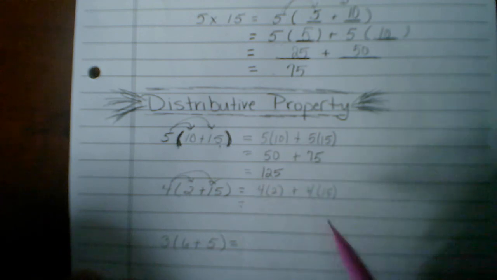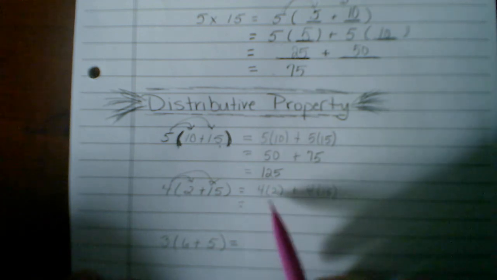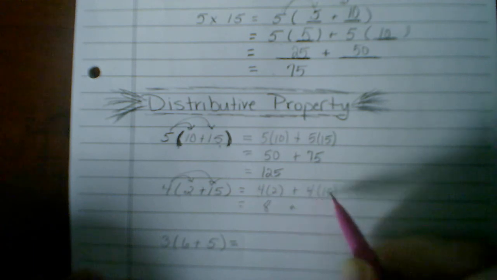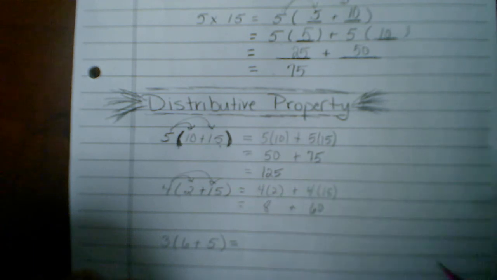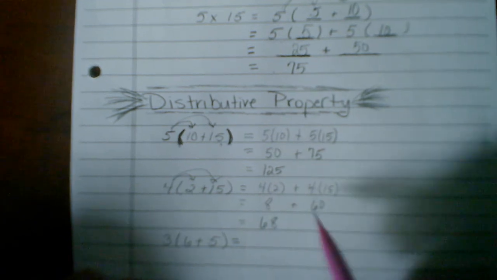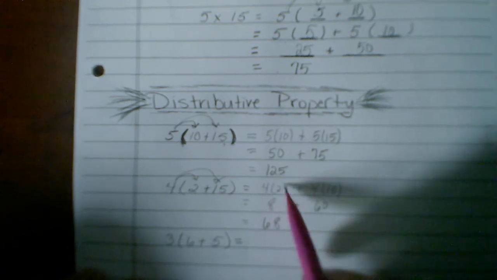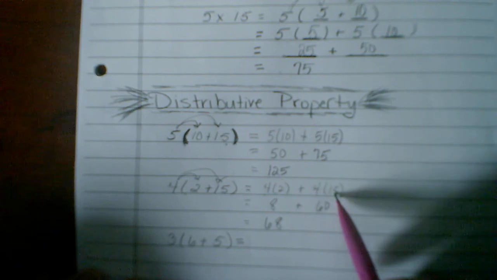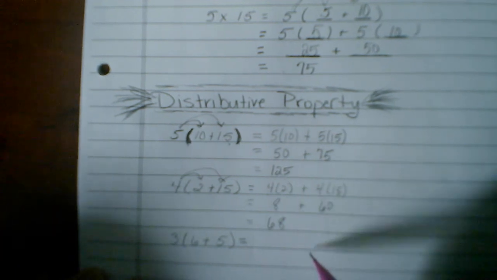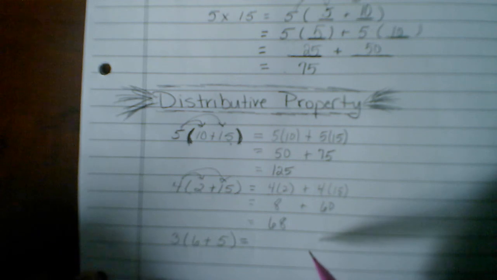Okay. 4 times 2 is 8. 4 times 15 is 60, which gives us 68. By the way, we know to multiply this and this before adding them together because of the order of operations that we've previously covered.